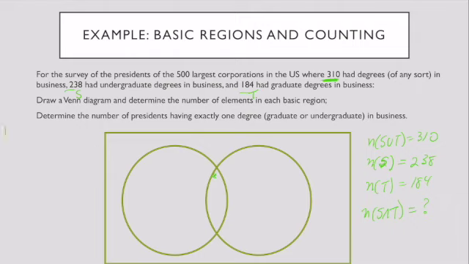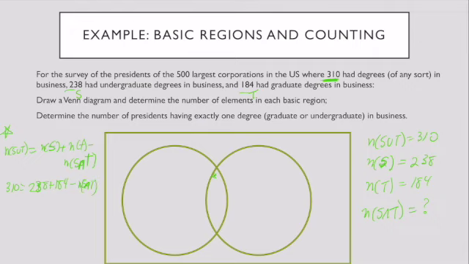So I have the size of the union equals the size of S plus the size of T minus the size of the intersection. So that means 310 equals 238 plus 184 minus the size of the intersection.